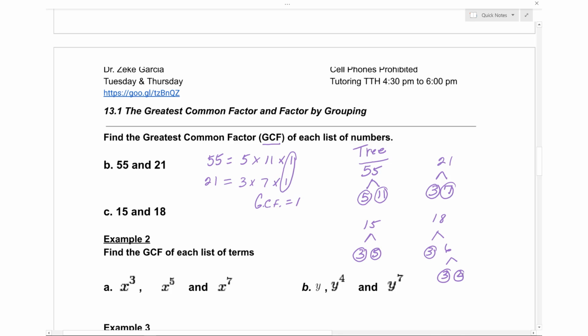So I'm going to write my numbers here in factored form. 15 is equal to 3 times 5, and 18 is equal to 3 times 3 times 2. And you notice the only number that they have in common is one set of 3. So the GCF is 3.